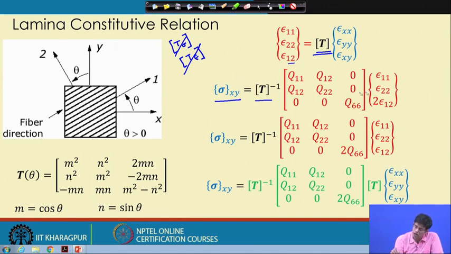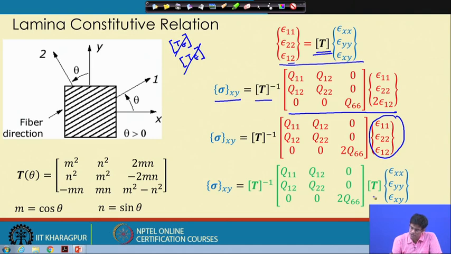I now substitute the constitutive matrix for the 1 2 coordinate system, which is essentially this. Now, to remove these 2, I just multiplied with these 2, so these can be removed. Here, this quantity I again substitute with this relation, which is T epsilon times epsilon x x, epsilon y y and epsilon x y.